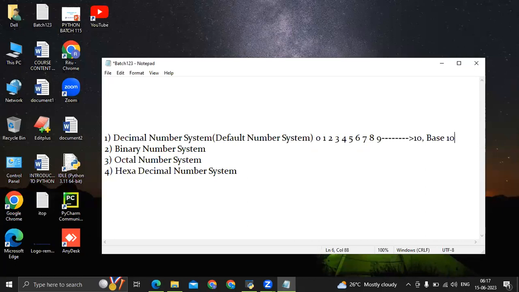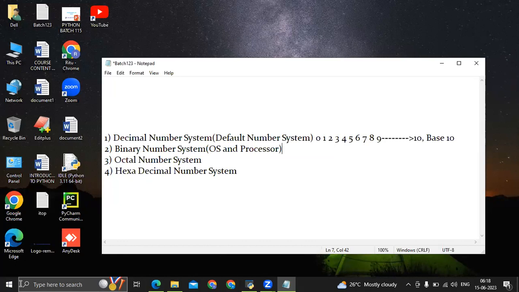Now, next is binary number system. This is understandable by the OS and processors during execution. Processor understands this.